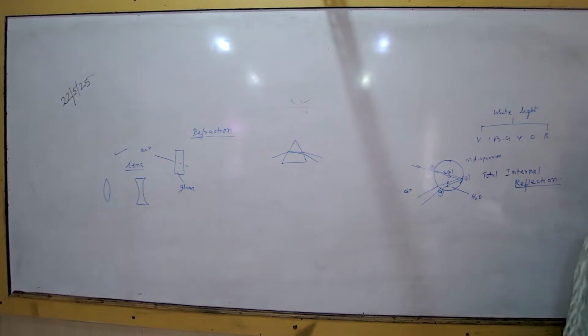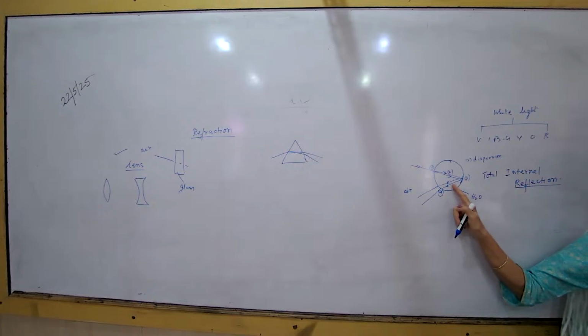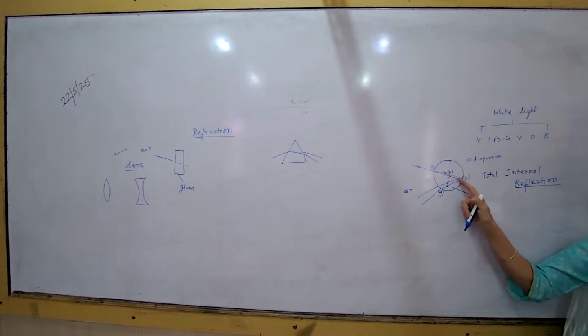Because the light rays which are hitting the drop are reflected and coming out. Have you followed? And once it reaches point 4, what is happening? Once again, from a denser medium to a rarer medium, what will happen? Dispersion? No, dispersion is already taken.